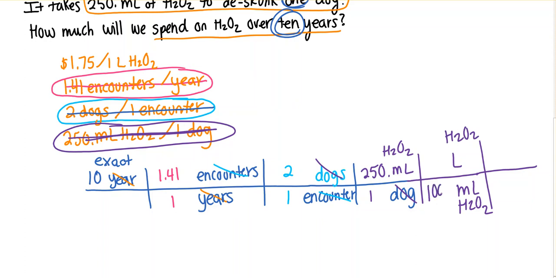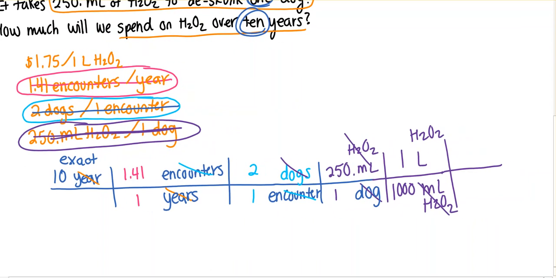I'm going to write it 1,000 milliliters in 1 liter. Or you could write the times 10 to the minus third thing, but anyway. And so milliliters of peroxide cancel. And now since I have liters, I can use my last one to go to money.